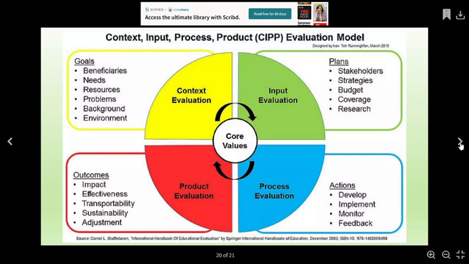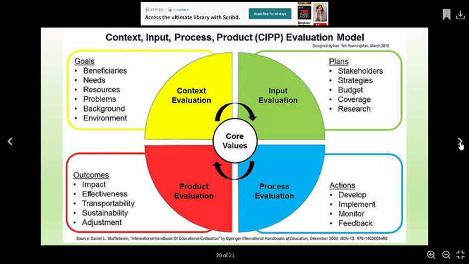In a nutshell, in the context evaluation, the major things are the beneficiaries, the need of the curriculum, resources, problems, background and environment. In the input evaluation: the stakeholders, strategies, budget, research activities, infrastructural facilities, qualification of teachers, number of students and their knowledge level.